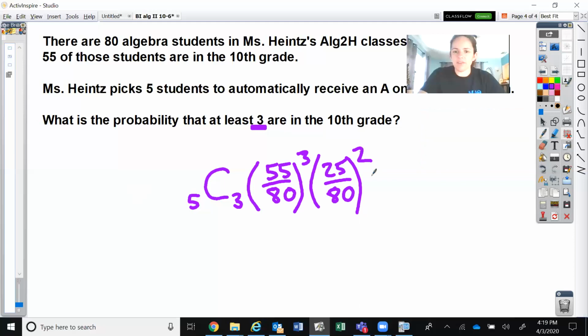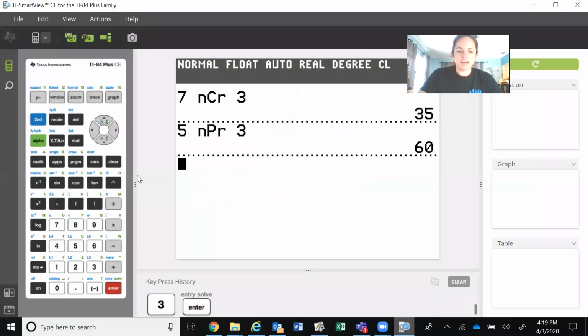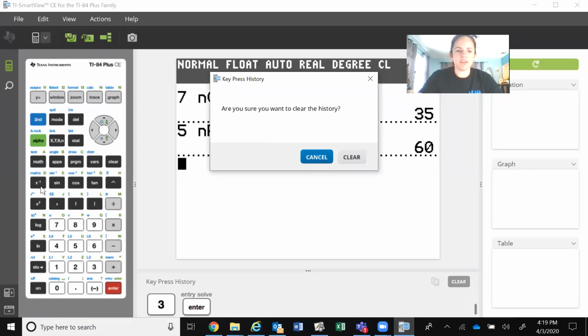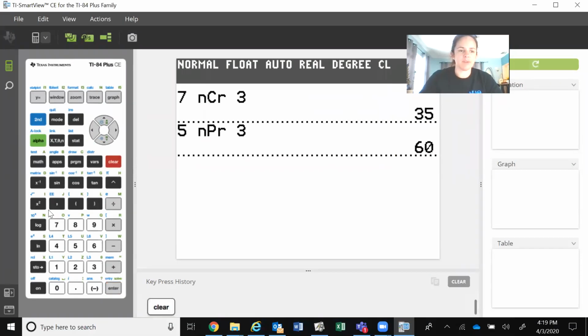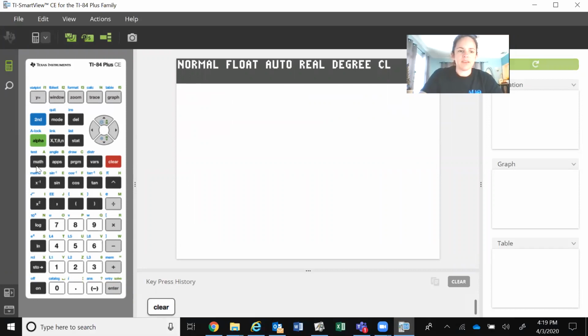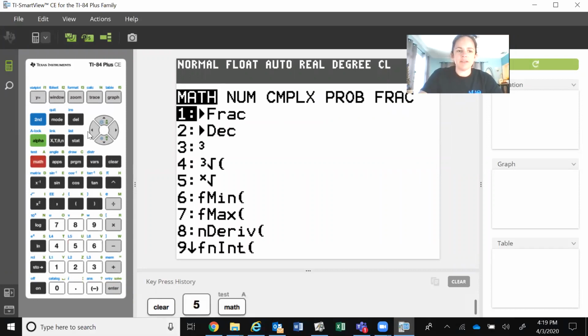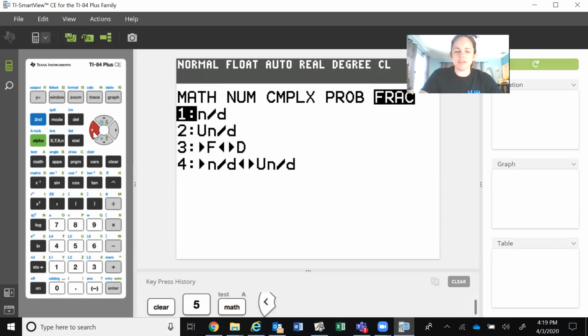So let's go ahead and calculate that. I'm going to find 5 choose 3. I'm going to show you that on my calculator again, in case you had not been able to watch the last lesson. So we're going to clear the history and clear the calculator. Okay, so we're going to go to 5 and then find the math button and move to the probability tab.